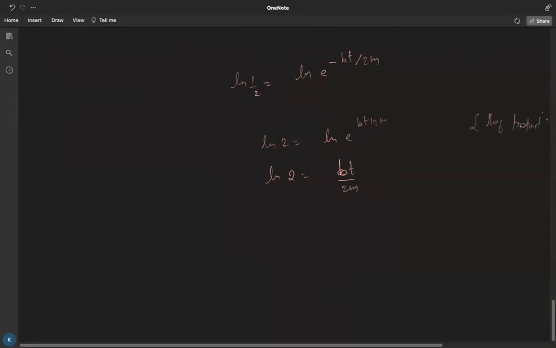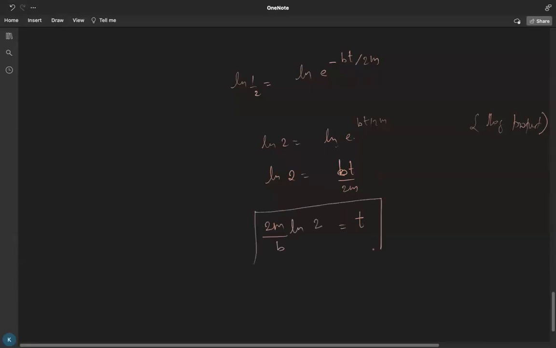I hope it will be clear to all of you, because the base of the ln and the power are the same, so they cancel each other and it will be bt by 2m. So our time taken is actually 2m by b ln 2.